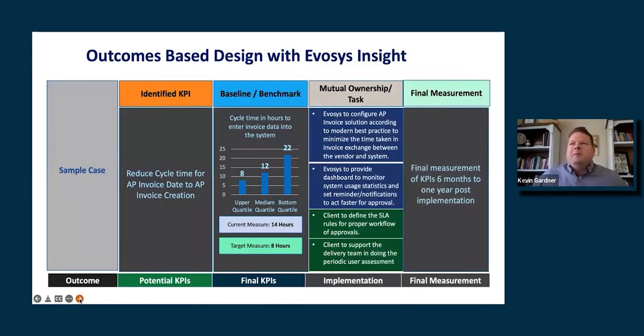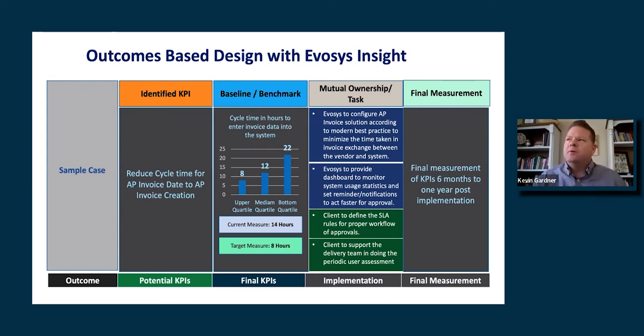So, people ask, how do we do that? How do we capture what's important from a KPI perspective? And it's really a simple process. As we sit down, we'll see what's important, what key performance indicators the organization wants to track. That starts with identifying those areas, and then taking a look at where you're at today and setting that benchmark. What's the baseline and benchmark that we want to capture throughout this process?